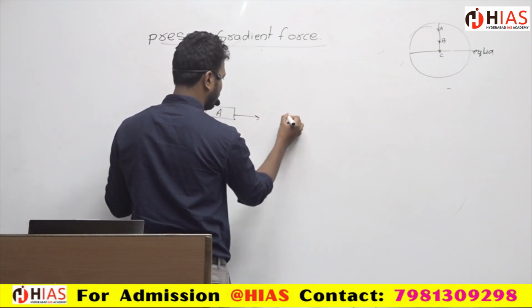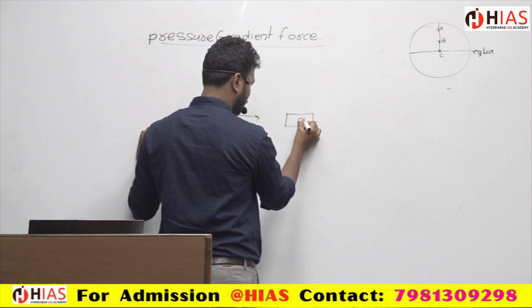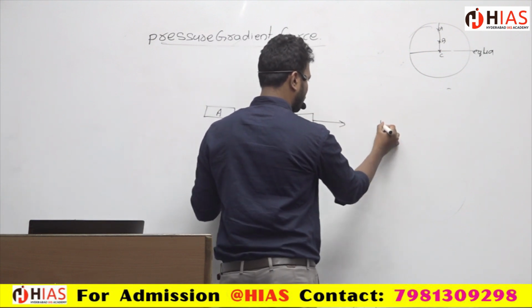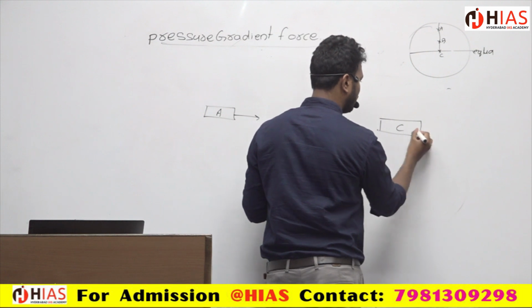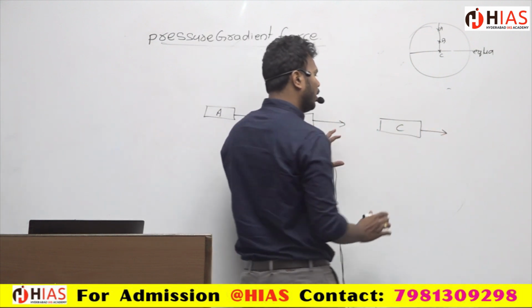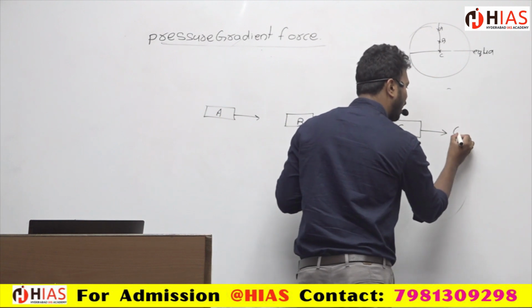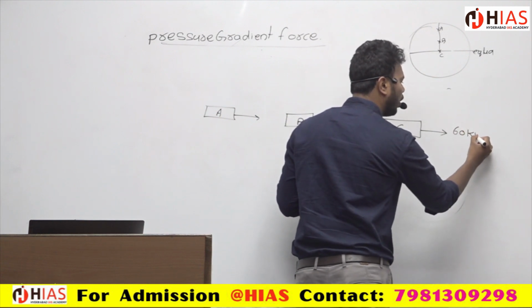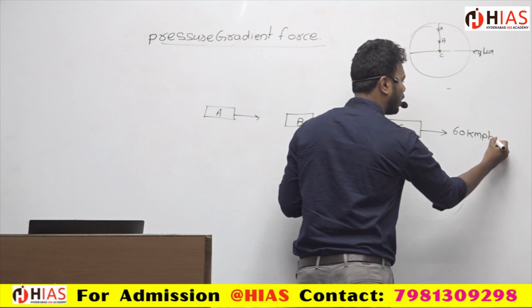This is A. This is B. This is C. So A, B, C: all these three bodies are traveling with a speed of 60 kilometers per hour.